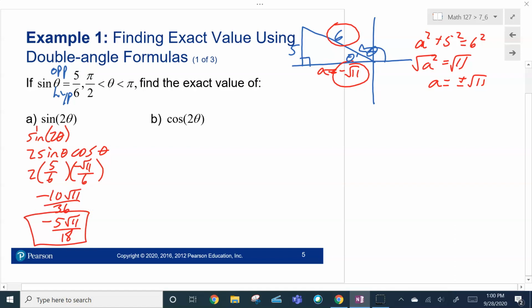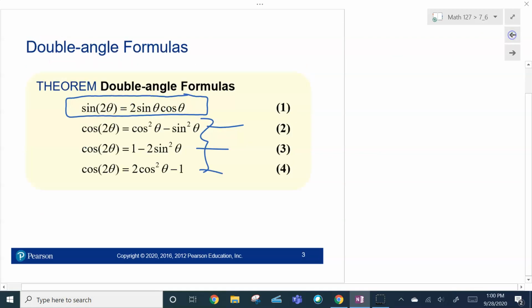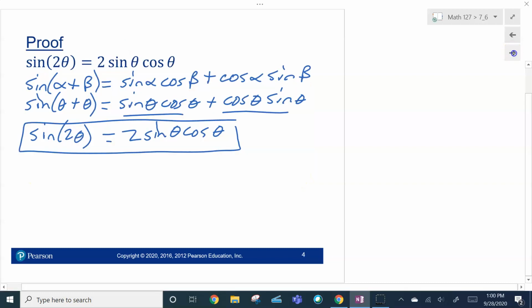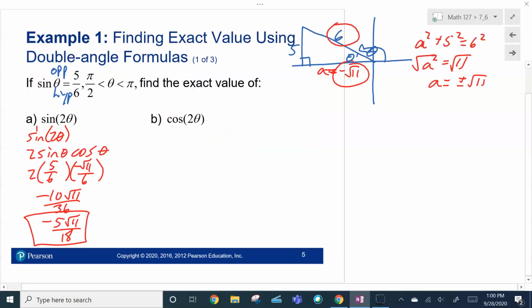Okay, let's do it for cosine 2 theta. Now for cosine 2 theta, again, I can use any of these formulas. Maybe I'll use that one because I just got sines in it, but again, you can use any of them. So cosine 2 theta is 1 minus 2 sine squared theta. So 1 minus 2, I got a sine theta times another sine theta.